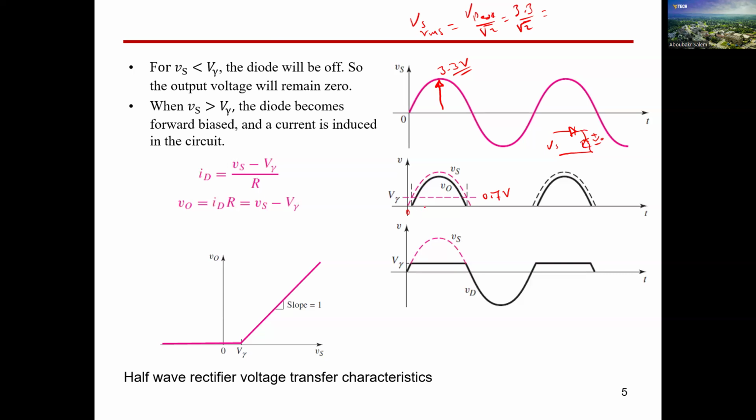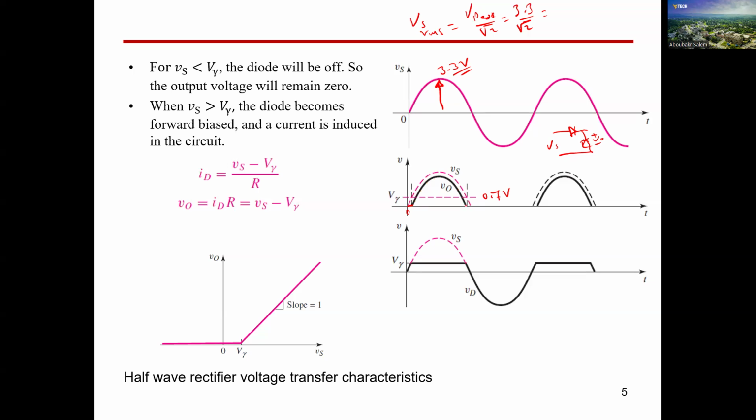As you can see, the first period here, V out equals 0. And once you have Vs greater than V gamma, the dotted line here, this means the diode will be turned on. Turned on means now the output volt will be Vs minus V gamma. So this is going to be now the shape of our output volt.